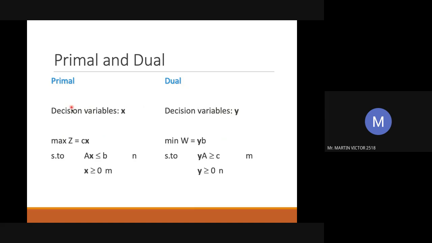If the given problem is maximize z equal to the objective function, that will be converted into minimize w equal to the right hand side values. Subject to the constraints, that will be taken in a different format. I will show you in a problem.